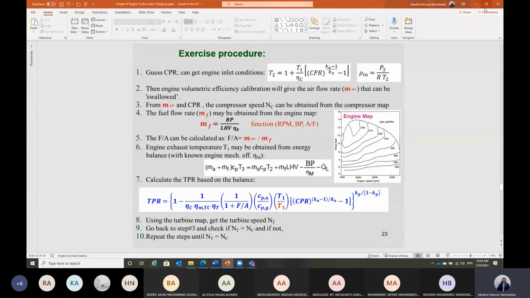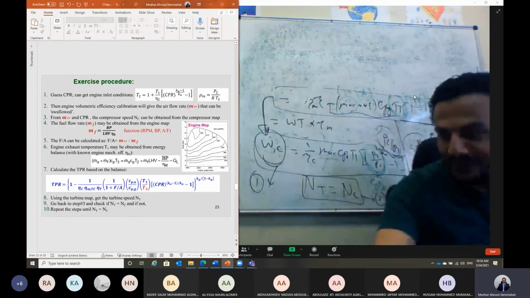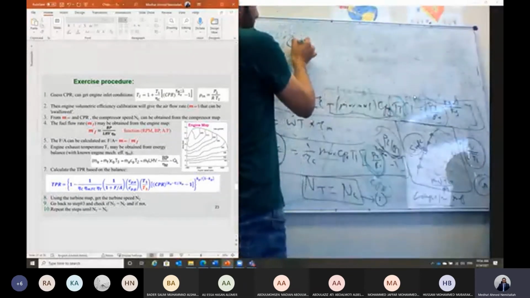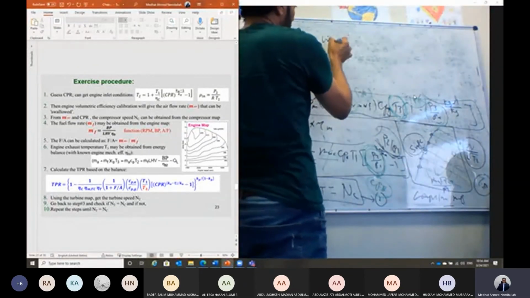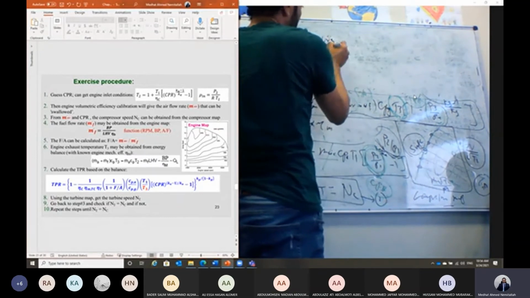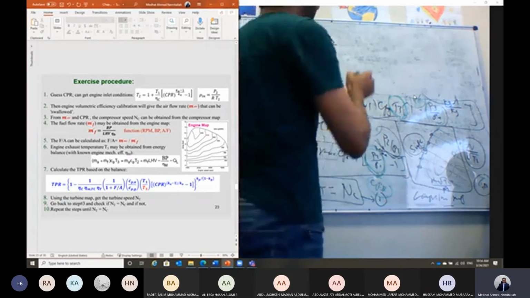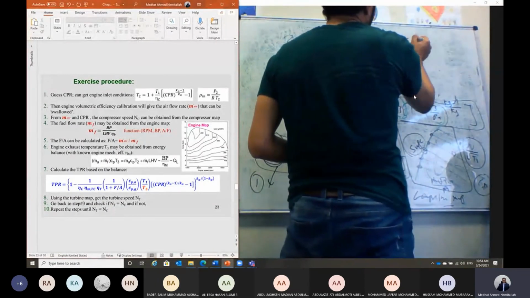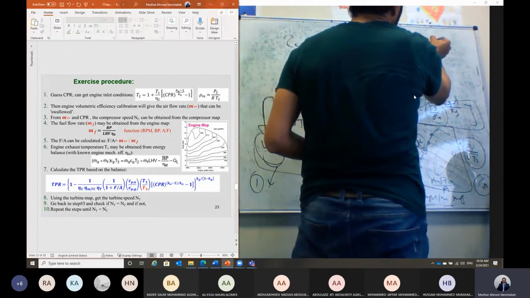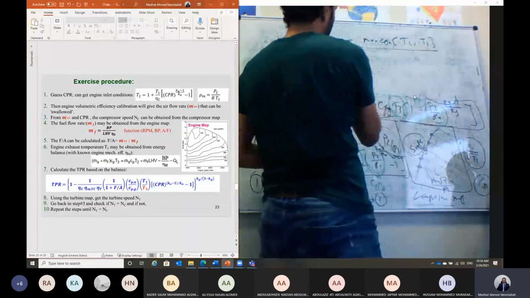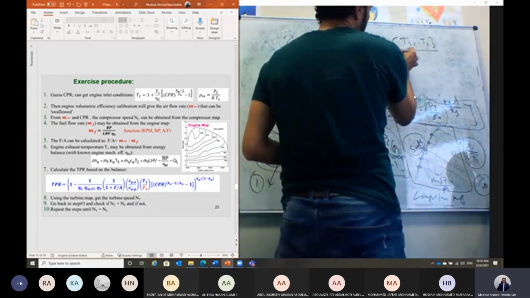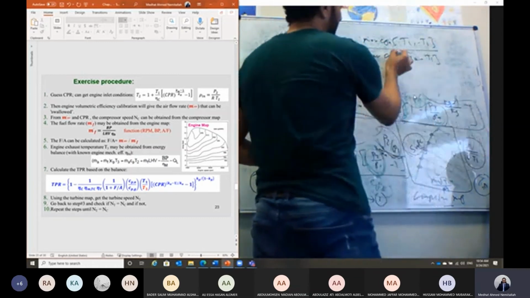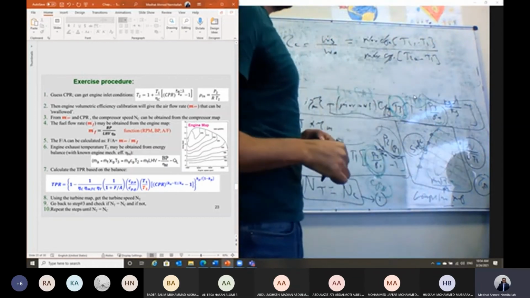Then I can calculate the temperature T2. How can we get it, Shabab? Let's say the efficiency of the compressor is the isentropic work divided by the actual work. Isentropic work is m dot air, Cp air multiplied by (T2s minus T1), divided by the actual work, which is m dot air, Cp air multiplied by (T2 actual minus T1). M dot air and Cp air will go together.